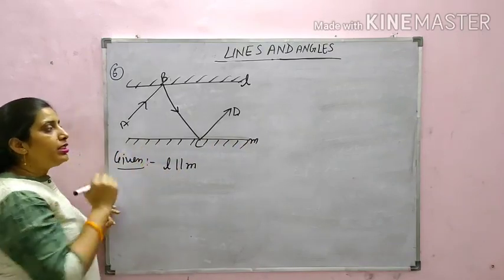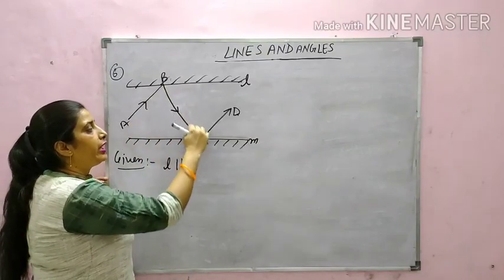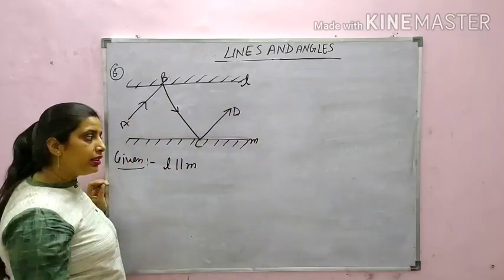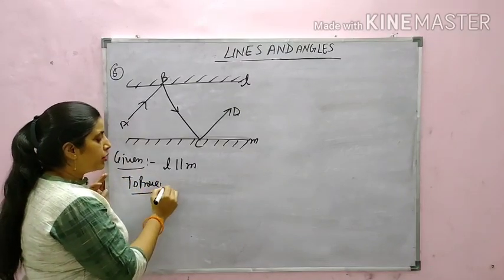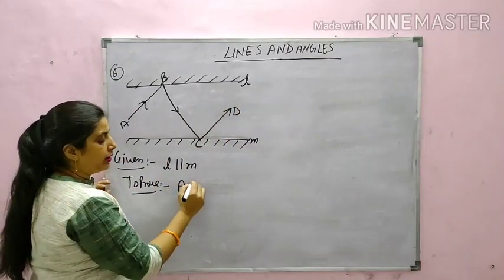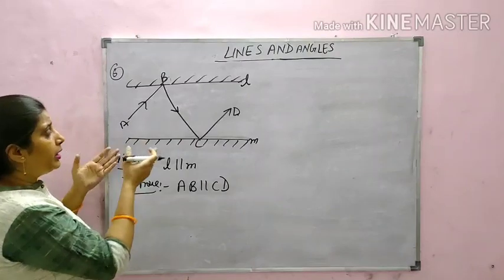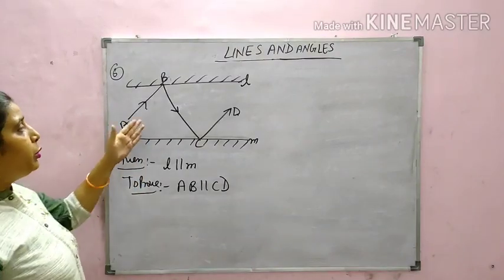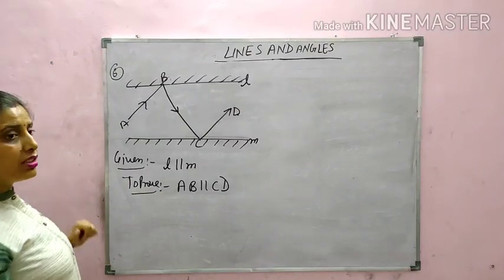On this mirror, a ray has passed and the ray has reflected like this. It means we have to prove in this question that these rays will also be parallel. AB parallel CD. Clear? In this figure, we cannot prove AB parallel CD without drawing a construction.